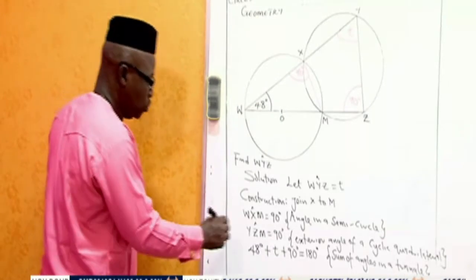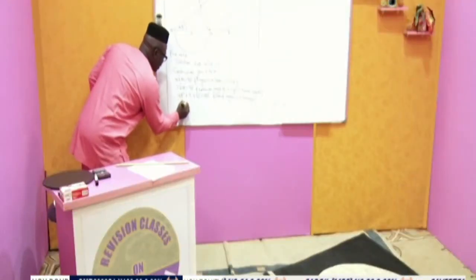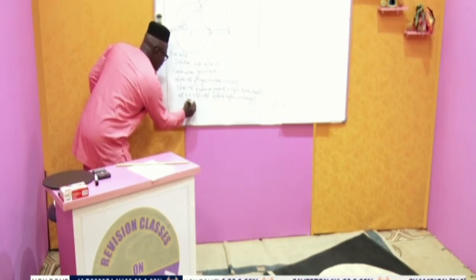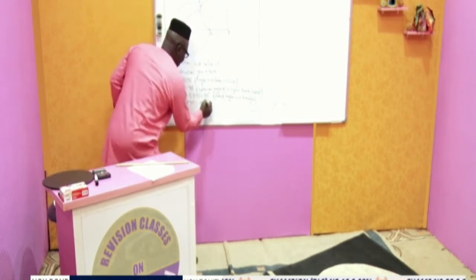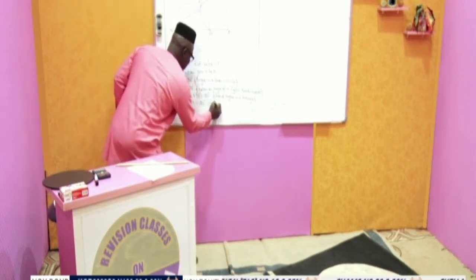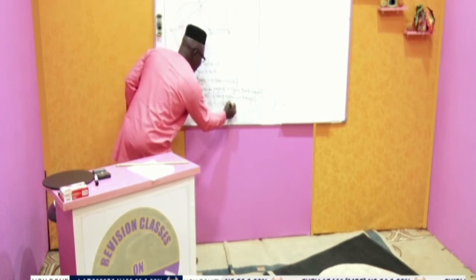So I'm going to simplify this. 48 plus 90 is 138 plus t, all is 180. So that implies that t is going to be 180 degrees minus 138.